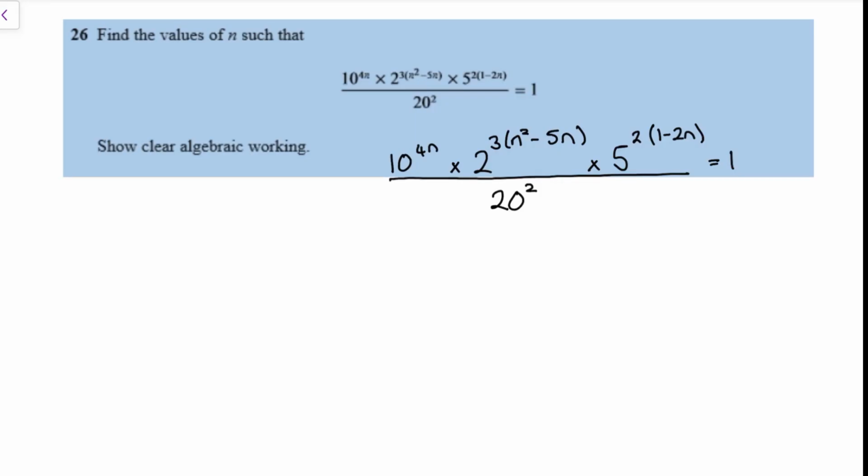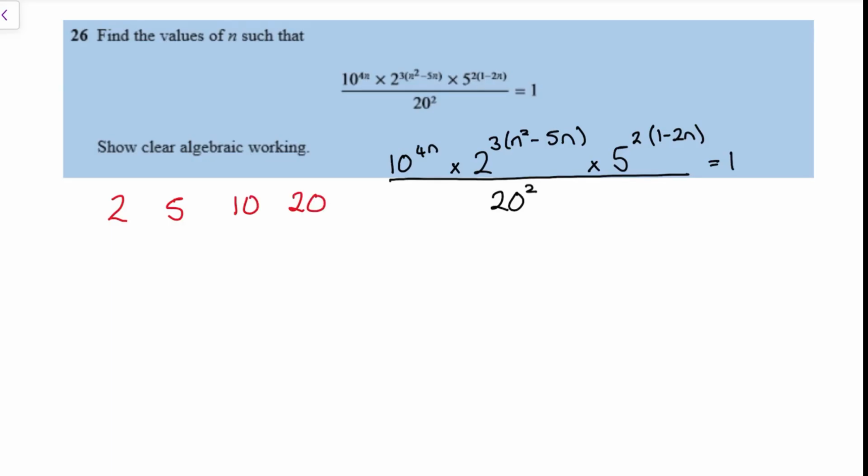All right, so how do we do? Now, this is a bit like if you see a number like 256, I'd hope that you think that is 16 squared, or maybe even 2 to the power of 8, but you recognize the number has certain properties. That's the whole point of this question: you can see, hopefully straight away, that I've got a base number of 2, a base number of 5, a base number of 10, and a base number of 20.